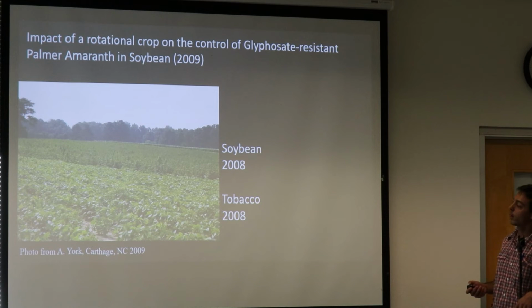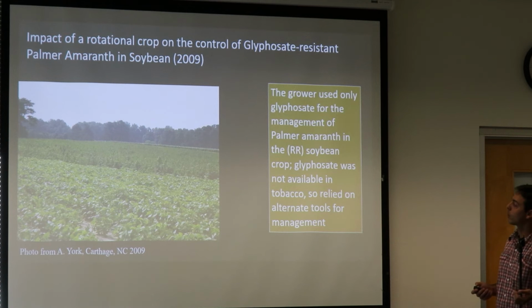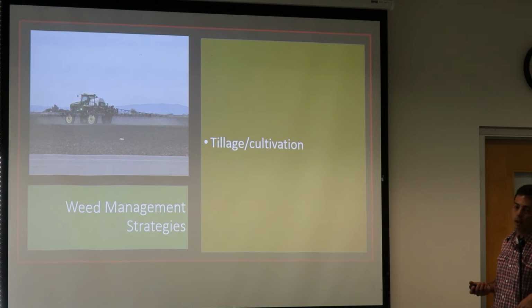But in the areas where they had tobacco one year before, because they were able to use different chemistries in that field, it was much better, and you can actually see a nice soybean crop. So that's the benefit of crop rotation. It can help you decrease the selection pressure and use a more diversified approach, especially herbicide-wise.